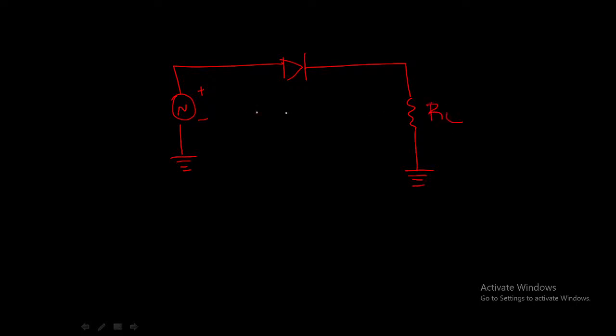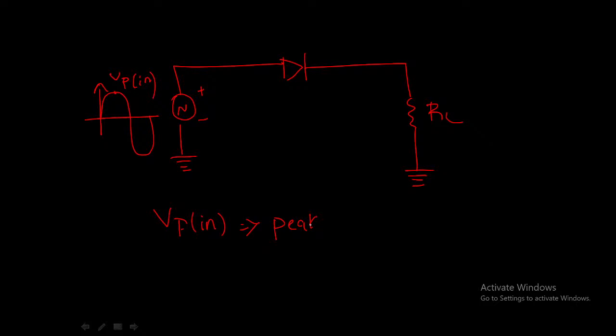This is our input signal. Let's say this is the peak voltage of the input, Vp, the peak input voltage.